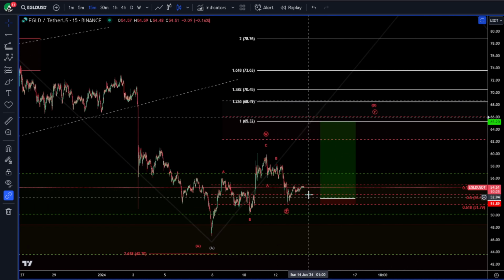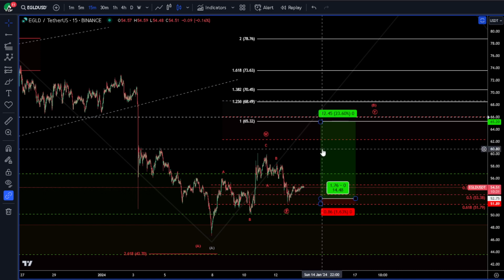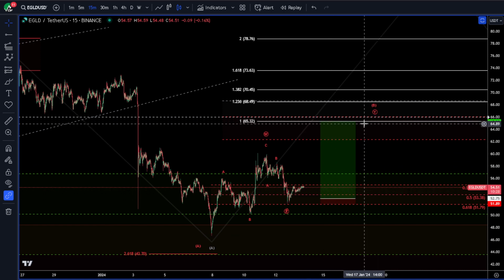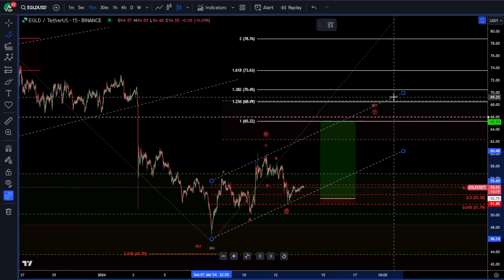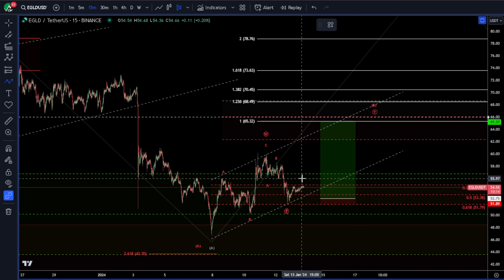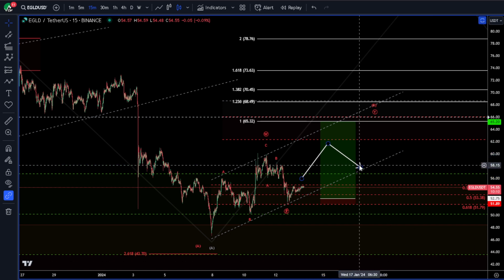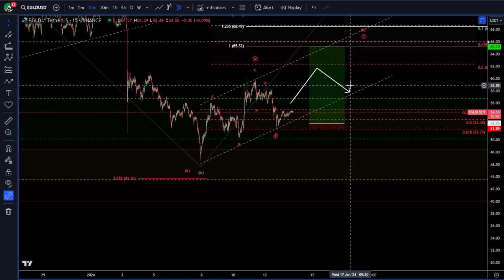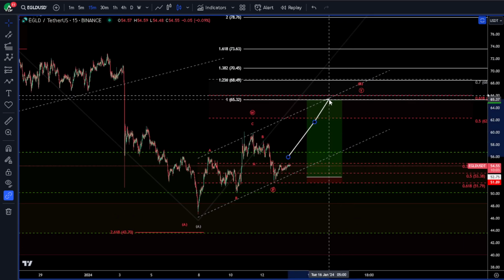And I will update this because a lot of where I move my stop depends on what the next move is, because it would be pretty difficult to ignore raising my stop if this just channels up in about the same amount of time and comes to our target at the top of the channel at the 1-to-1.